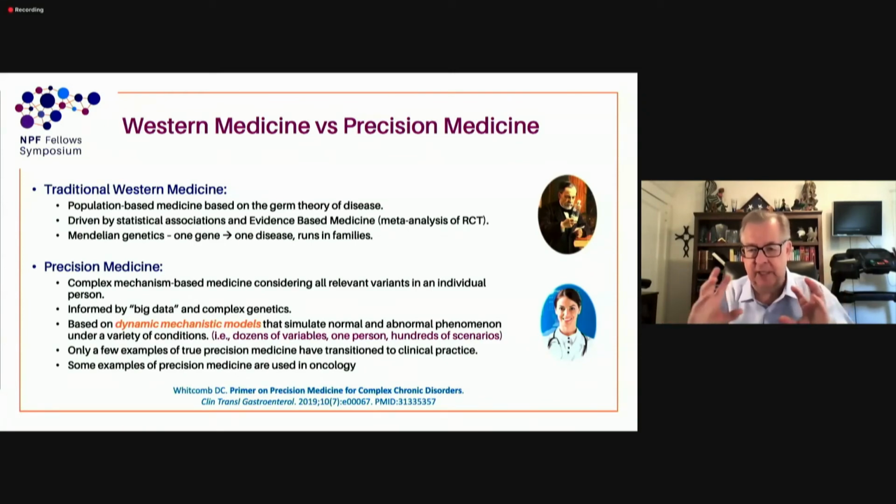So this is like you would use in engineering. It allows us to study dozens of variables in an individual person under 100 conditions to determine what's causing and driving the problem and what you can do to fix it. There's only a few examples of precision medicine that have gone to clinical practice, but some of them are used in oncology, and we're beginning to apply them to pancreatic disease.